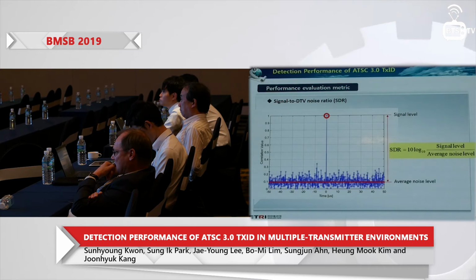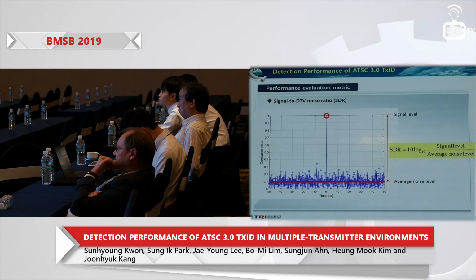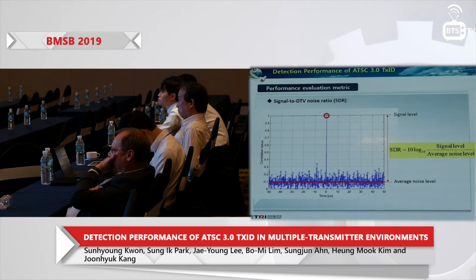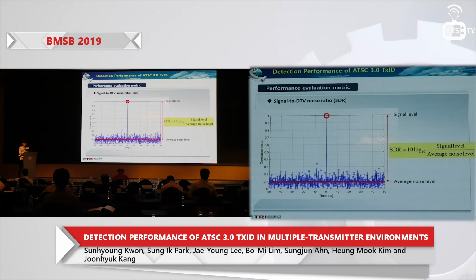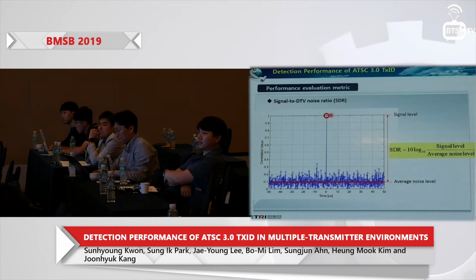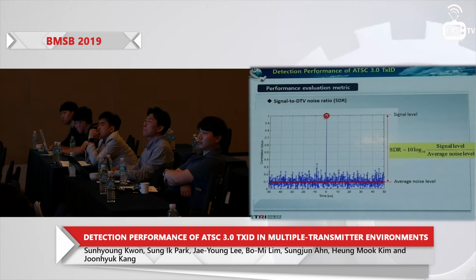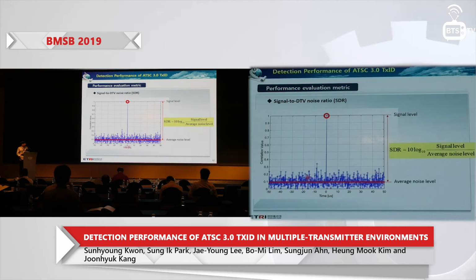In this simulation, it is assumed that the highest peak is regarded as the signal corresponding to the desired channel profile, while other values are regarded as noise. So only this peak is regarded as the desired signal, the channel profile, and the other blue values are regarded as noise.